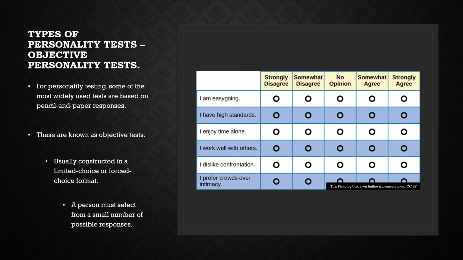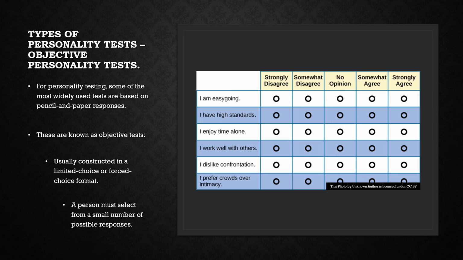Types of personality tests. Objective personality tests. For personality testing, some of the most widely used tests are based on pencil and paper responses. These are known as objective tests. Usually constructed in a limited choice or forced choice format, a person must select from a small number of possible responses.